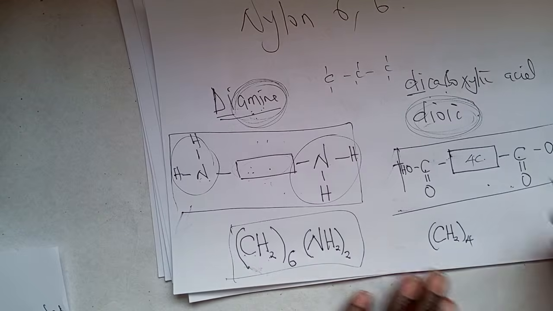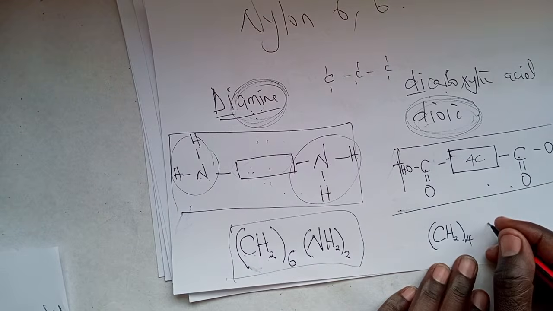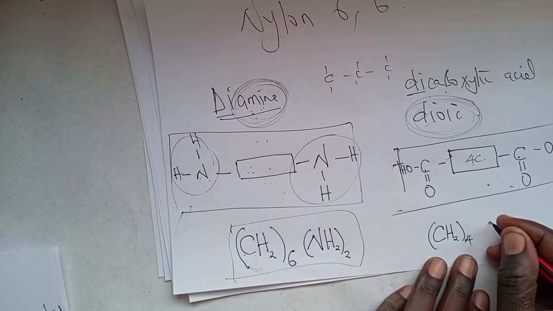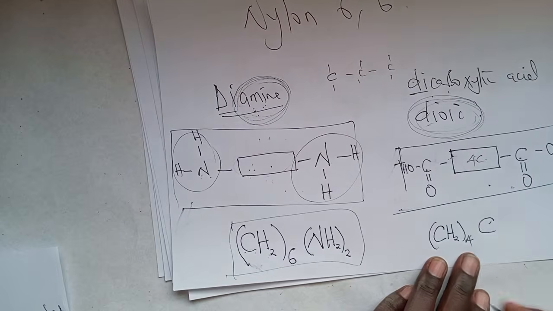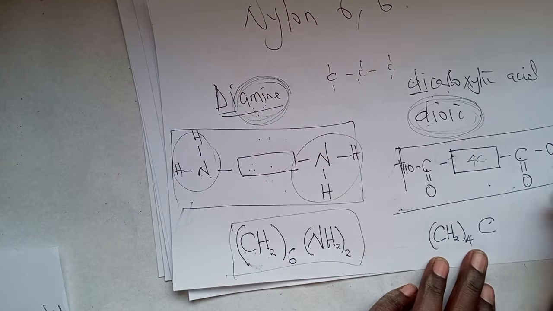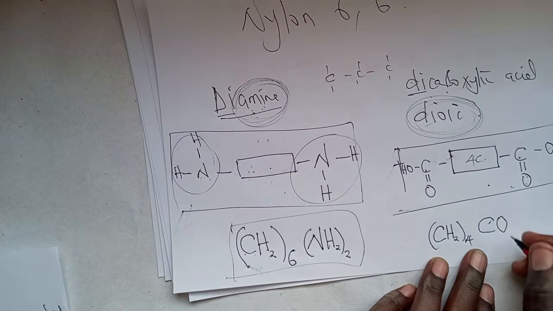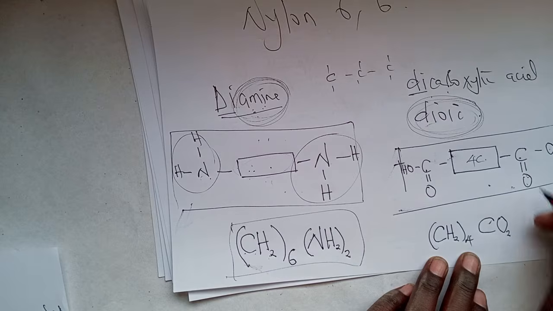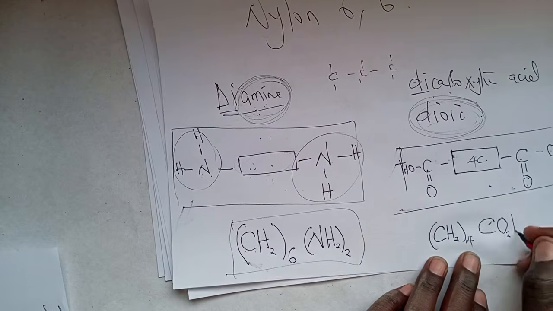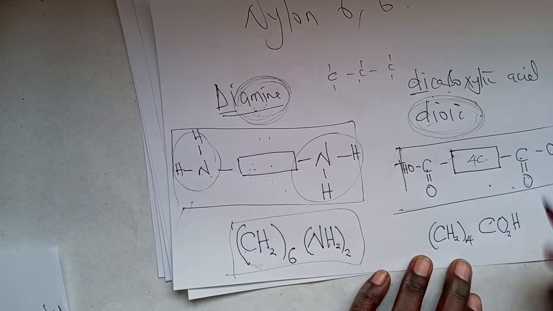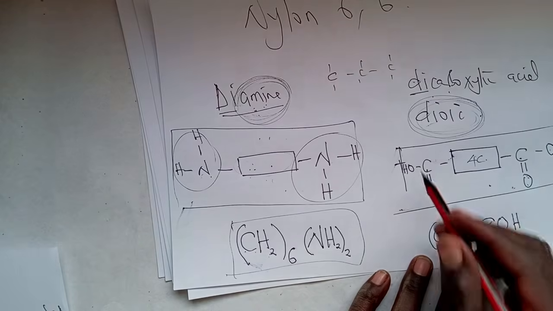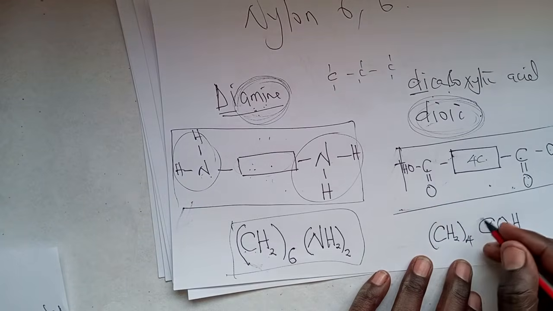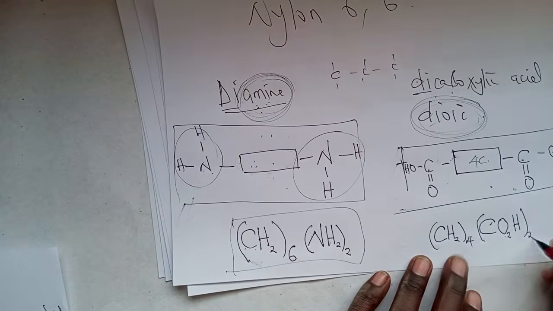You have a carbon on each side, bonded to 2 oxygen atoms, and then a hydrogen. But remember that these are in a pair, so you need to put this in brackets.